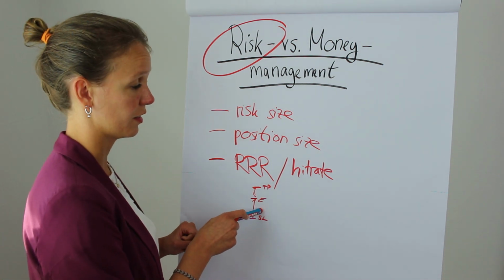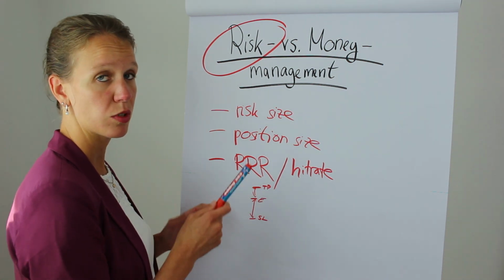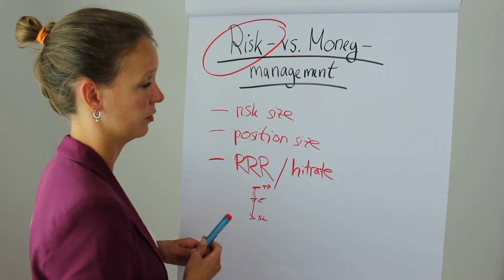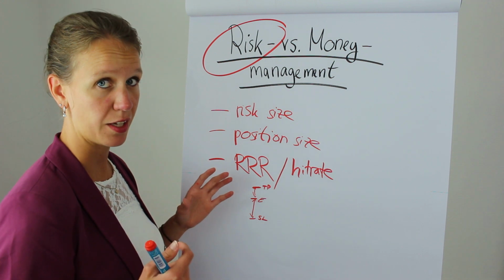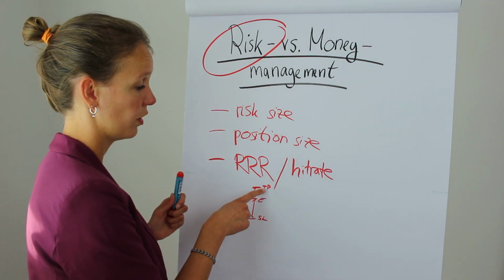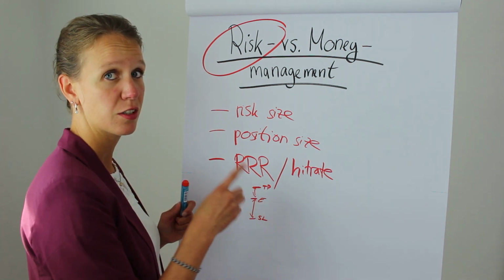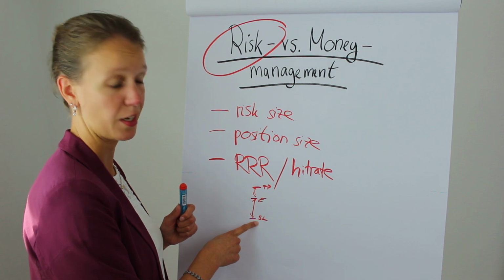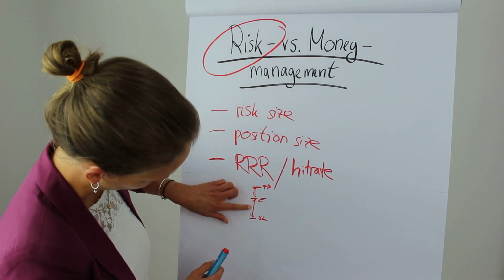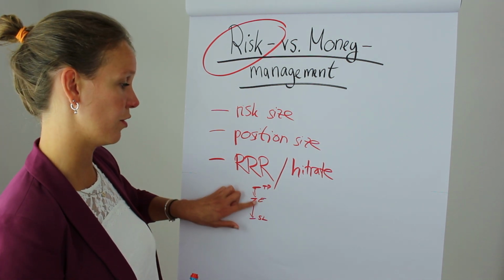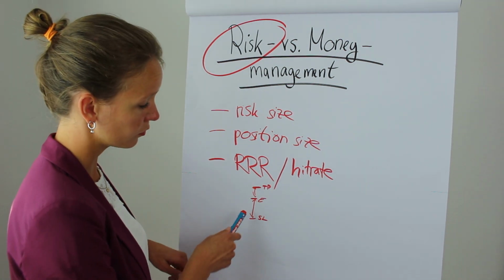So in this case, it would really be a bad strategy. But for example, if your hit rate is 80%, so you're hitting take profit 4 times and only hitting the stop loss 1 time. And let's say the stop loss is twice as far away from the entry as the take profit.